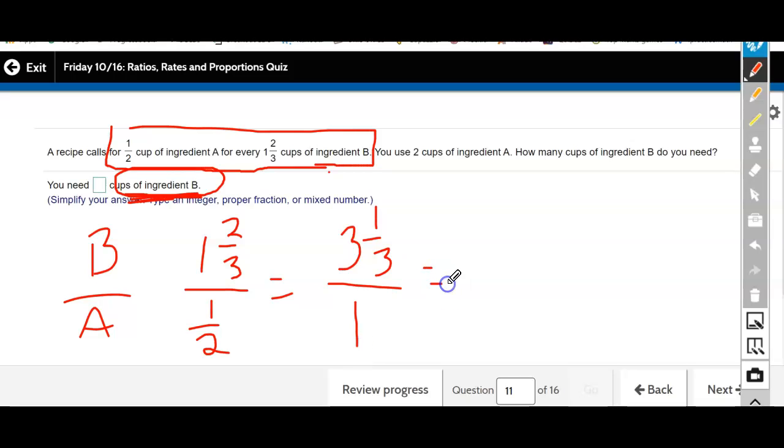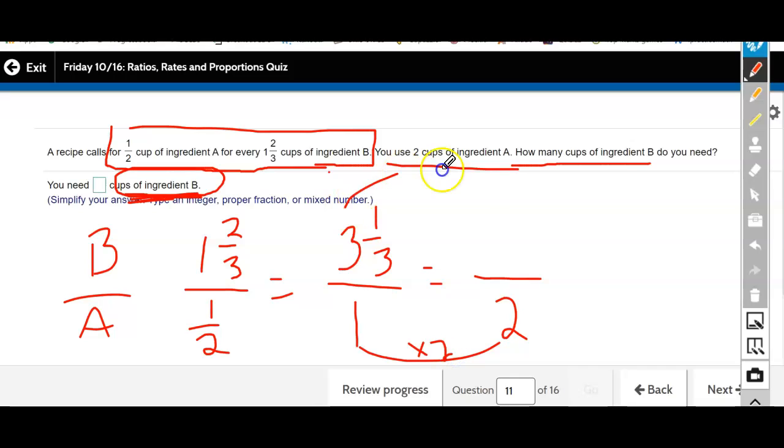So now they're saying, how many cups of B will I need if I'm using 2 cups of ingredient A? So 2 is going to be on the bottom because it's A. How much B will I need? Well, how do I go from 1 to 2? Multiply by 2, right? What do I do on top then? Multiply by 2.